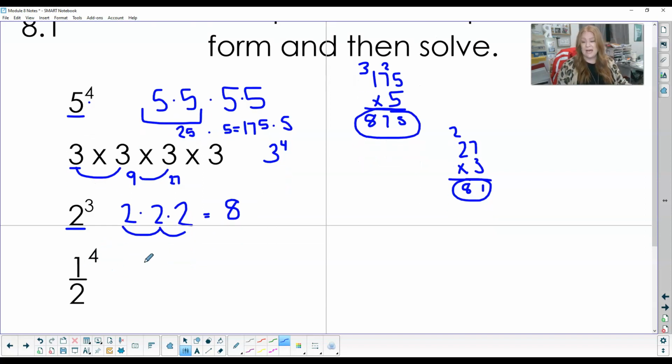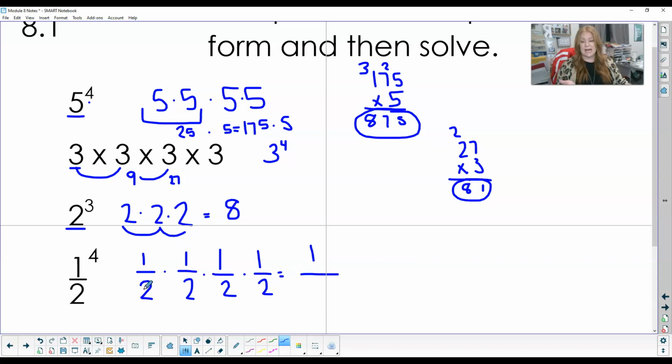Here we have 1/2 to the 4th. So 1/2 is the number I have, my factor, over and over again. And I have that 1, 2, 3, 4 times. So when I multiply, 1 times 1 is 1, times 1 is 1, times 1 is 1. So my numerator is 1.